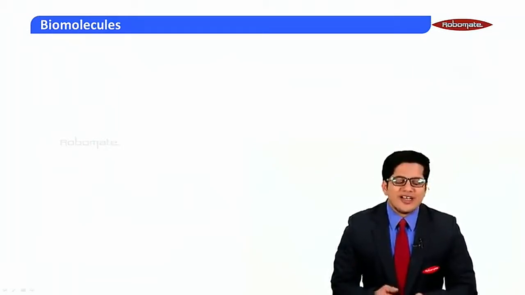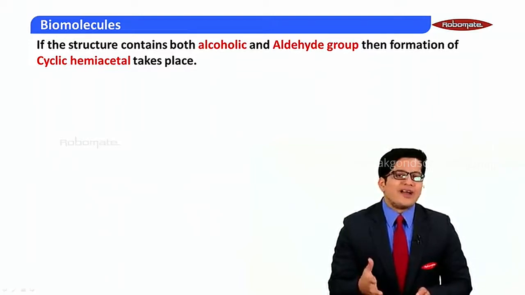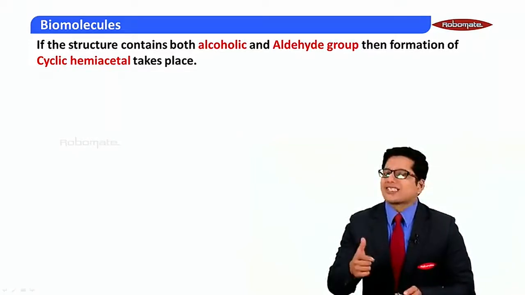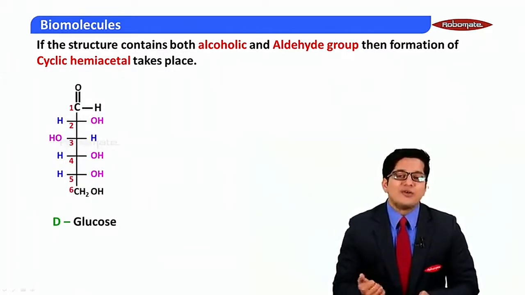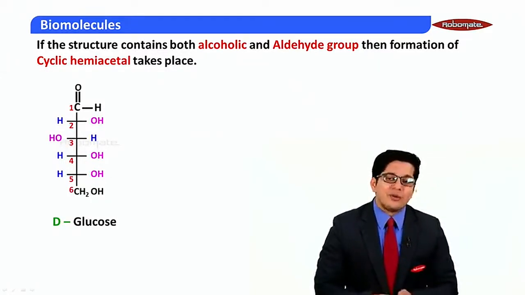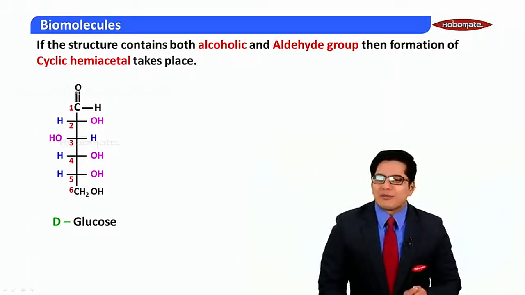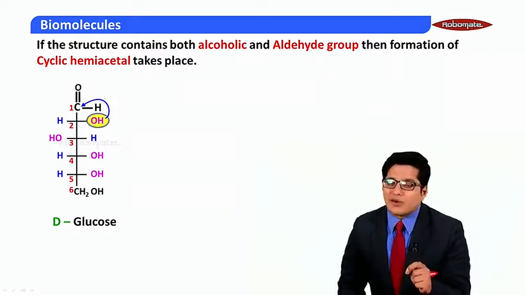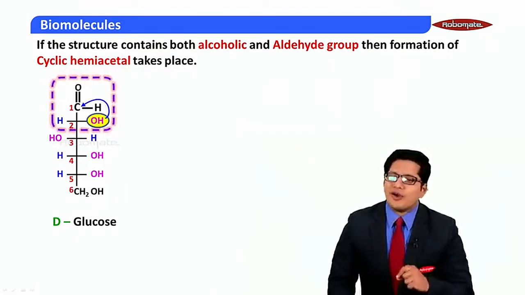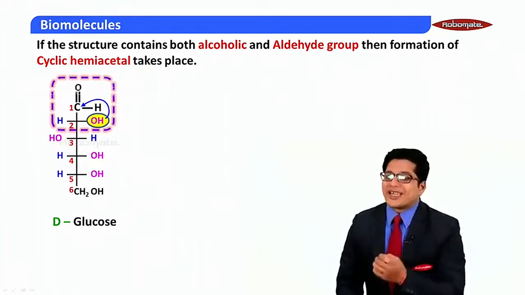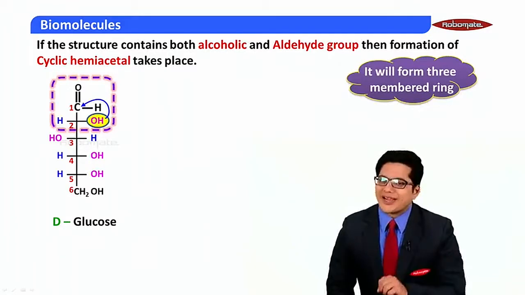Let's move further. Now, the problem with us is we require an alcoholic as well as an aldehydic group. Let's take an example of our molecule D-glucose. We have an aldehydic group, we have an alcoholic group. And let's now suppose that the second carbon OH attacks onto the first C double bond O. What would happen? We would get a hemiacetal which would be a 3-membered ring.